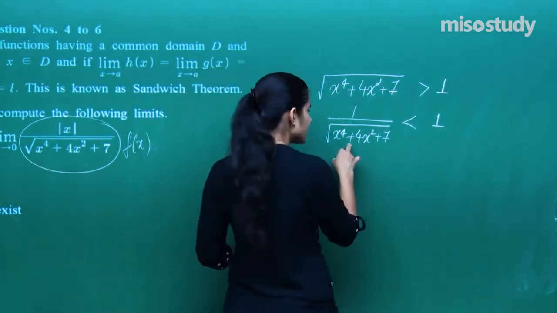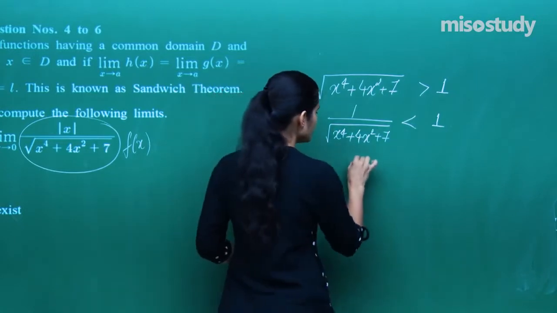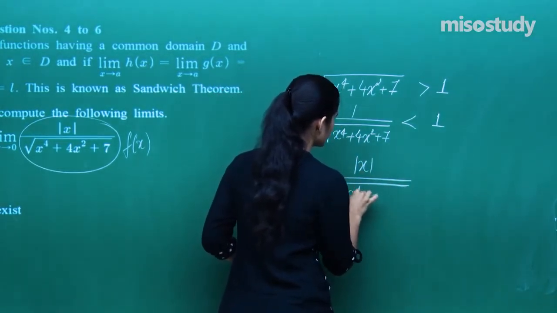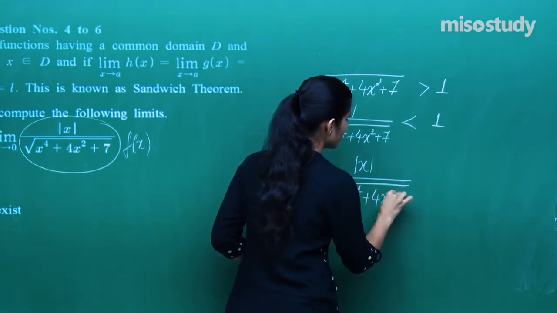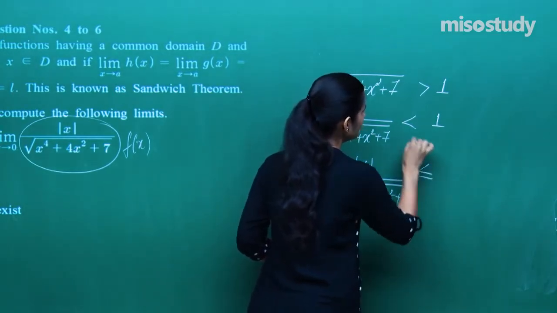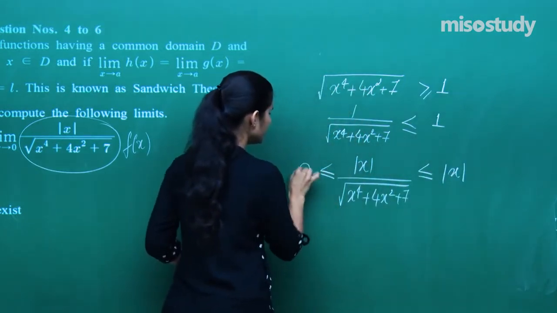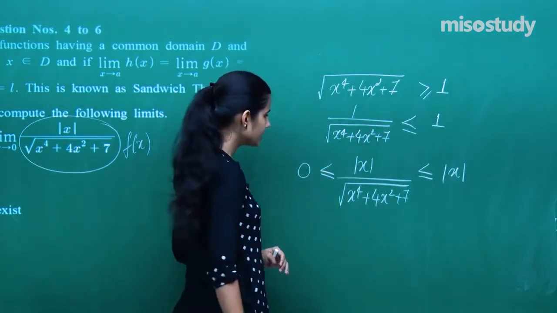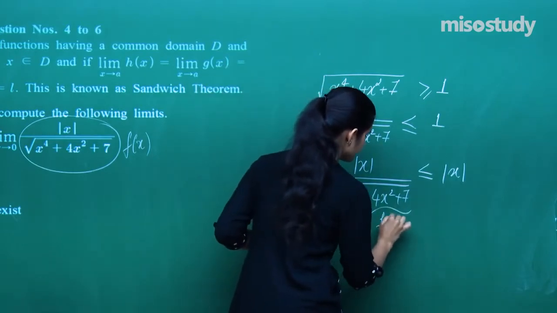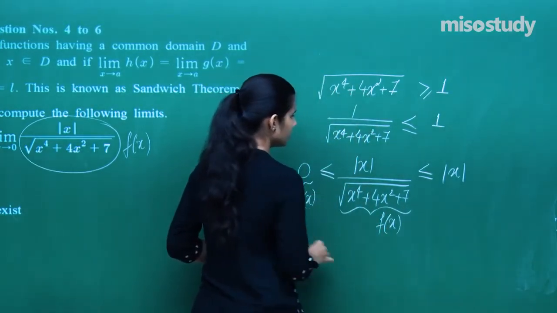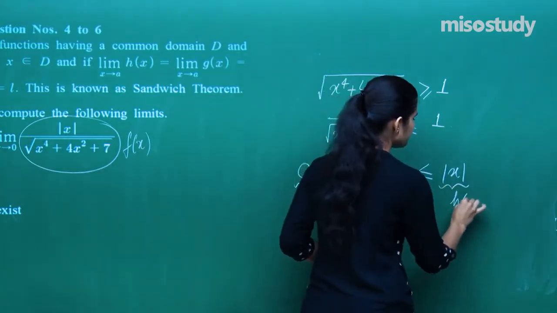So now I can say, and this is also greater than or equal to 0 always, so I can say mod x upon the square root of x to the power 4 plus 4x square plus 7 is less than or equal to mod x and greater than or equal to 0. Right? Now this is f(x), this is the constant function g(x), and this is h(x).